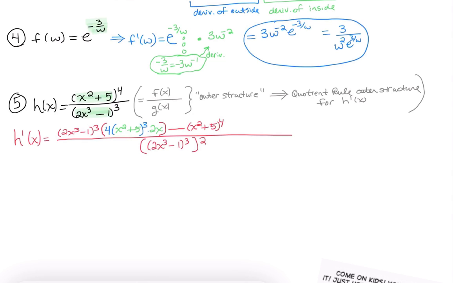So by chain rule, it's going to be 3, that inside function left alone, to the 2nd power. So the inside function just left alone at that stage. And then times the derivative of the inside. So the derivative of 2x cubed minus 1 is 6x squared. So that entire thing represents the derivative of the denominator.